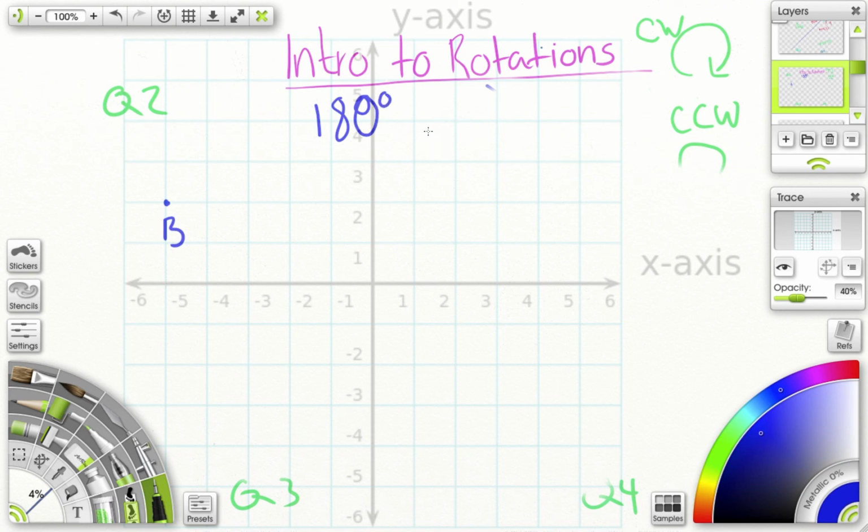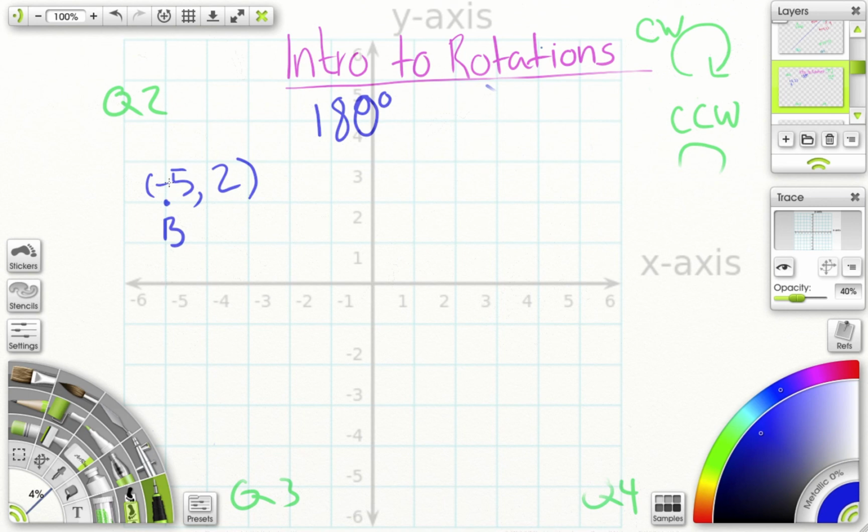And again, like I said, for 180 degrees, it's not going to tell you clockwise or counterclockwise because 180 degrees in either direction is the same. But that's only for 180. So it's just going to tell me to do a 180 degree rotation. So b is -5, +2. The rule for 180 degree rotation, x and y stay in the same spots. You don't switch the numbers.